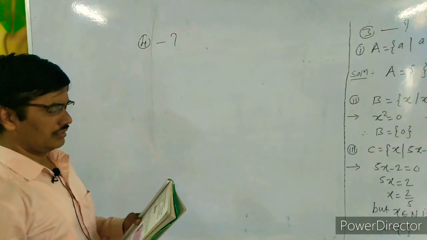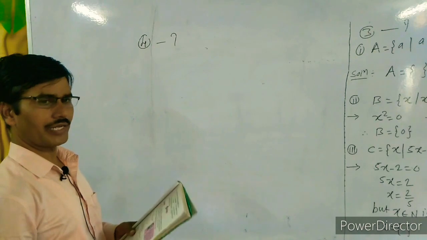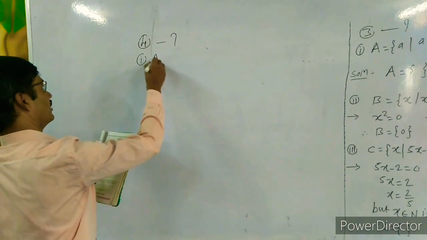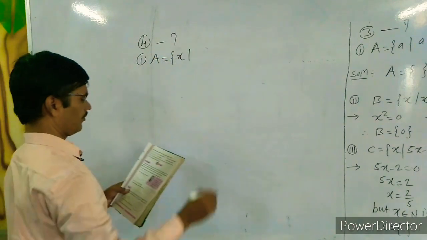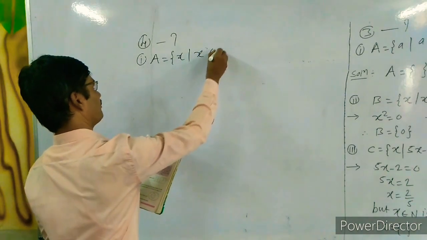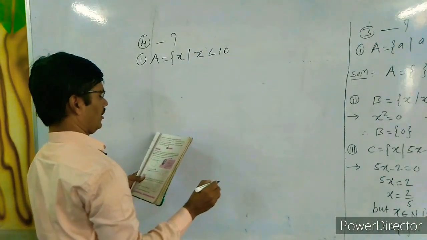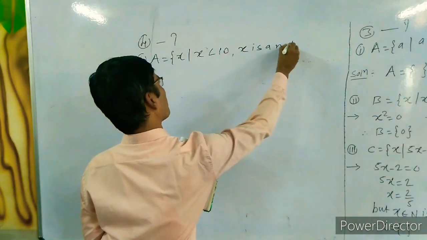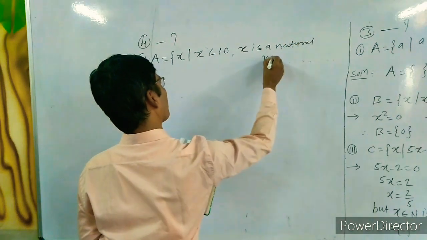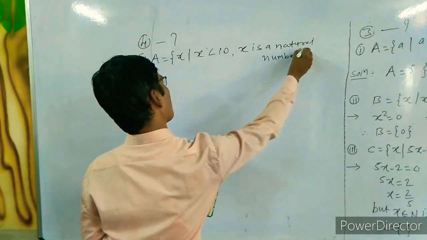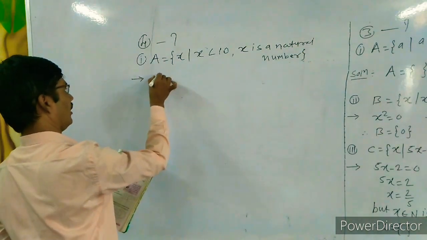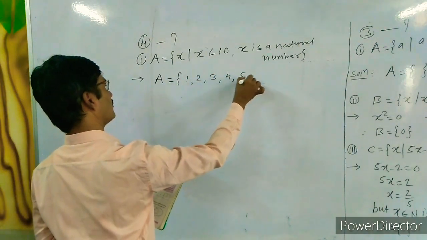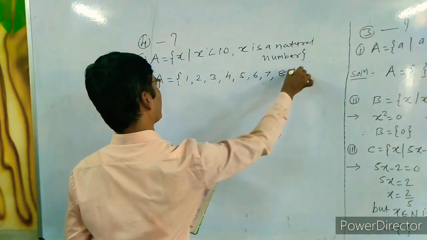Write with reasons which of the following sets are finite or infinite. Number first, A is the set of all x such that x is less than 10, x is a natural number. Solution: A equal to {1, 2, 3, 4, 5, 6, 7, 8, 9}.